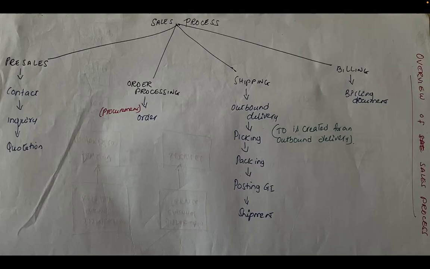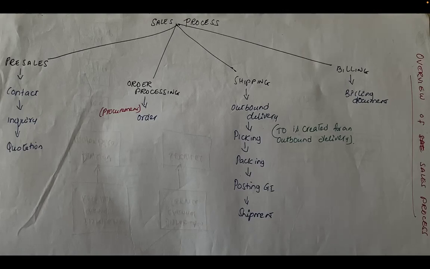Once the outbound delivery document is created, we do have picking of the quantities, packing of the same, and then when the material is being sent out from the premises, that is when the post goods issue will be done against the outbound delivery document.